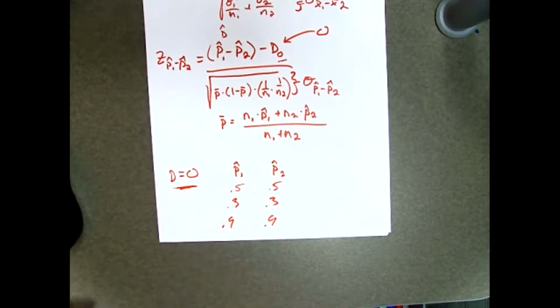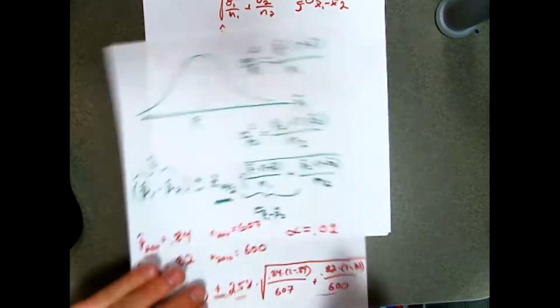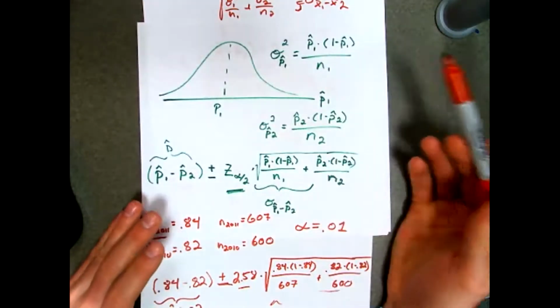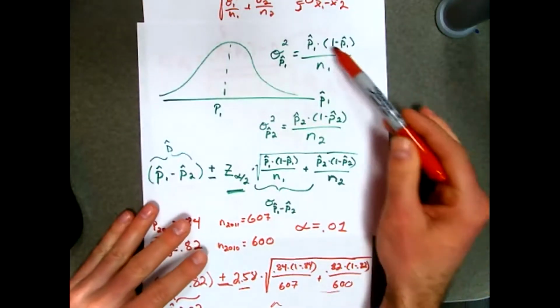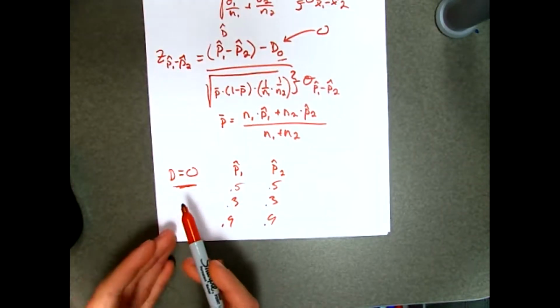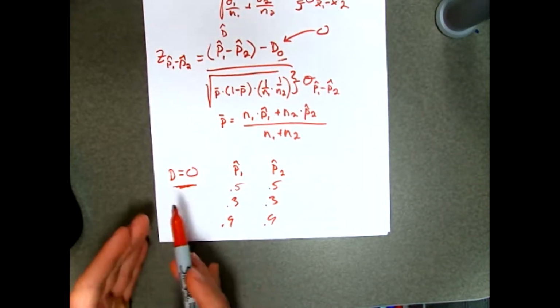Well, the problem is, if we go back and think about confidence intervals for this, the variance of each sample proportion will depend on what the actual value of the population proportion was from those two groups. But we don't have that. We don't even have an assumed true population proportion. We just have an assumed true difference.